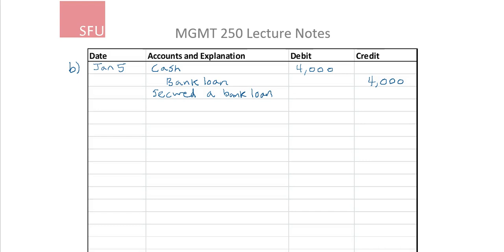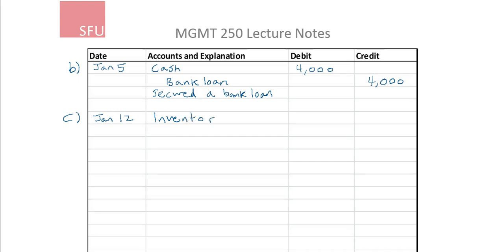Okay, moving on to C. I'm going to leave a line here and start down here with January 12th. And here we have Lori purchasing merchandising inventory on account for $2,500. So once again, we're acquiring an asset.